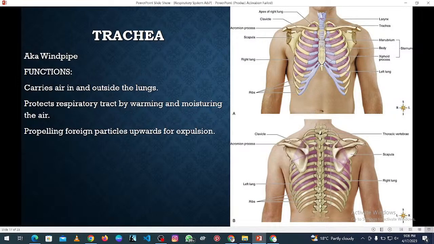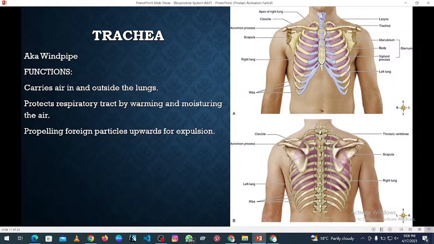And the immunological mechanisms can always help the trachea to propel them out to the larynx to be expelled out of our system. And physically, we have goblet cells. We have respiratory mucosal lining also in the trachea.